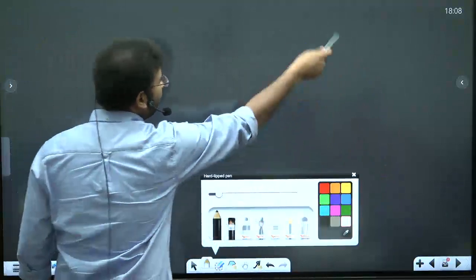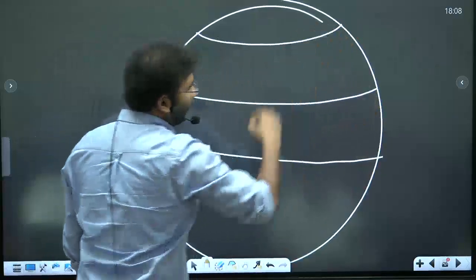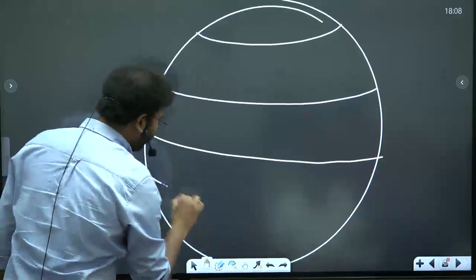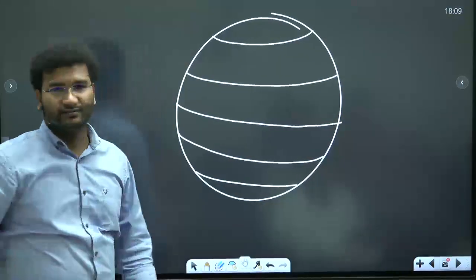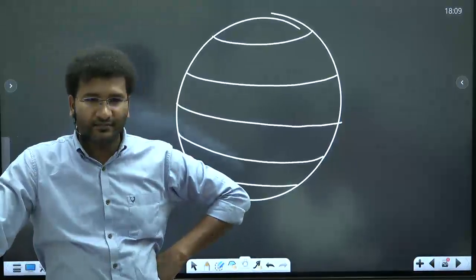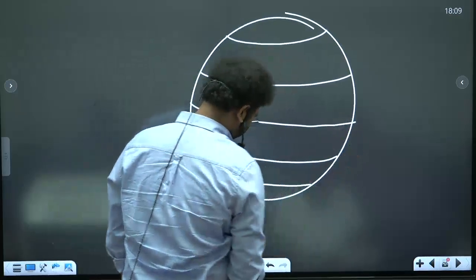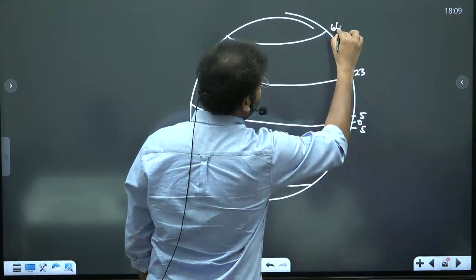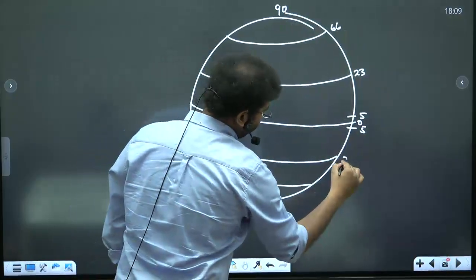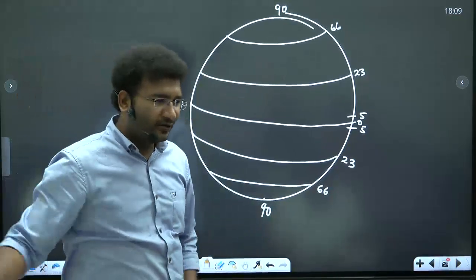So are you clear with the tricellular model circulation or else the atmospheric circulation? Can you quickly draw in your notes? If suppose this is my earth, this is equator, this is Tropic of Cancer, this is Arctic Circle, this is Tropic of Capricorn, and this is Antarctic Circle. Now please show me the direction of the winds on the earth. I don't want all the circles to be drawn.